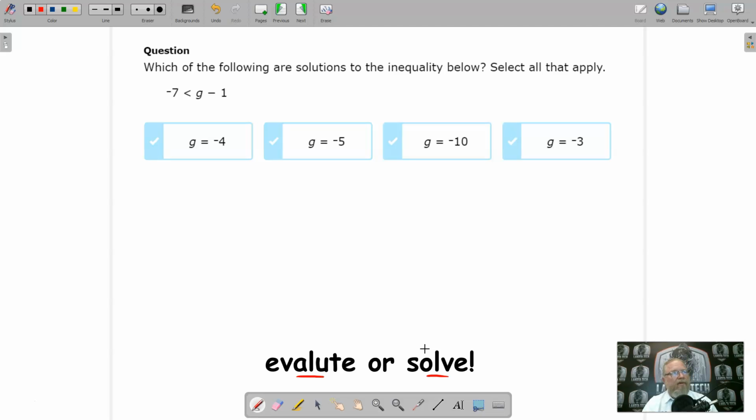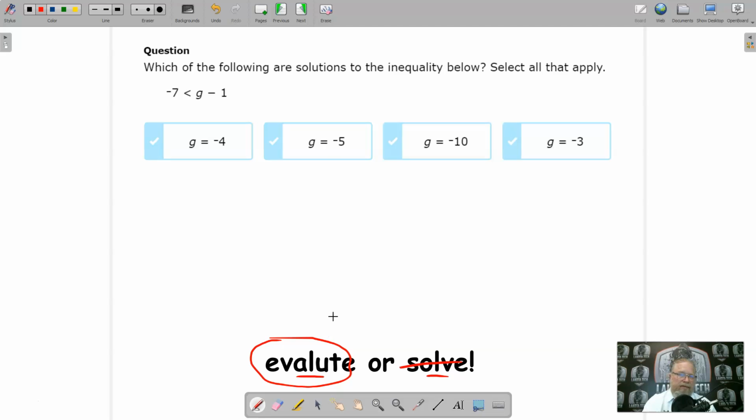And then I just look for the possible choices that I have, right? However, since in later lessons we're going to talk about solving inequalities, here I'm just going to evaluate each possible answer instead. So let's go ahead and just evaluate.